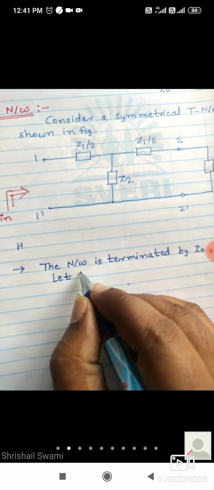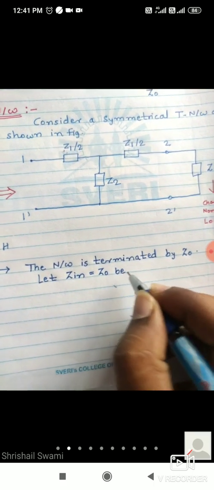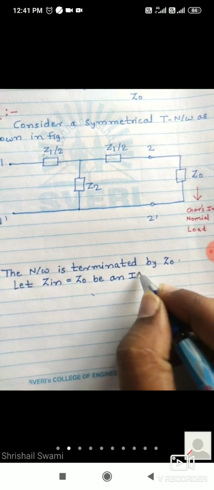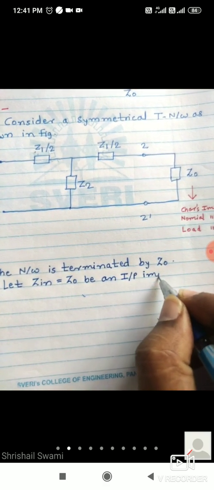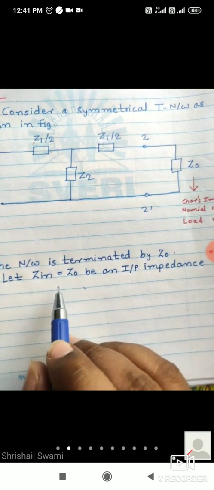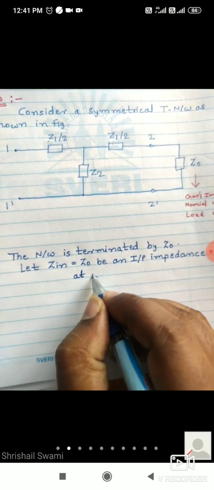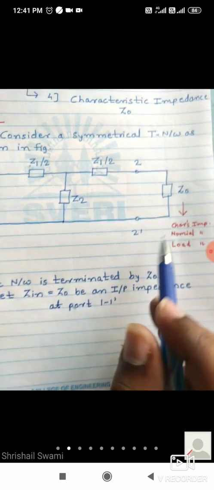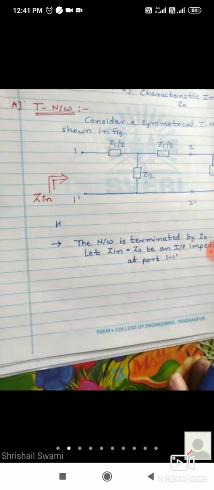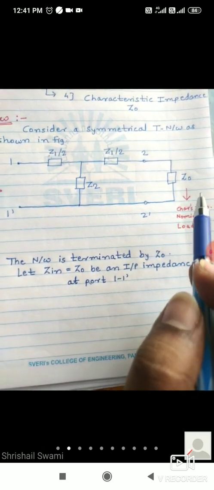Let Zin equal to Z0 be the input impedance at port 1 dash. Z0 is called what? Characteristic impedance. This Z0 is for the load impedance or characteristic impedance.